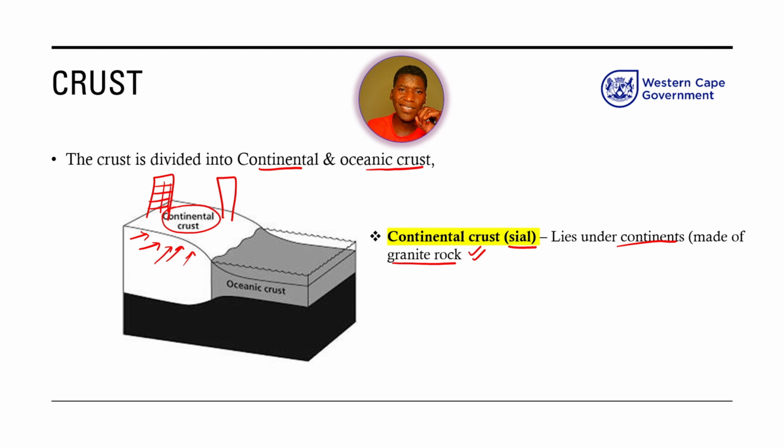Since we have said that the crust is actually a layer of rock, the one that is actually balancing us here so that we can do our activities, the one that is making up the ground basically. So the continental crust, or the CL, it is made up of a rock known as granite. We are still going to do types of rock in my next video, but basically the continental crust is made up of the type of rock that is known as granite.